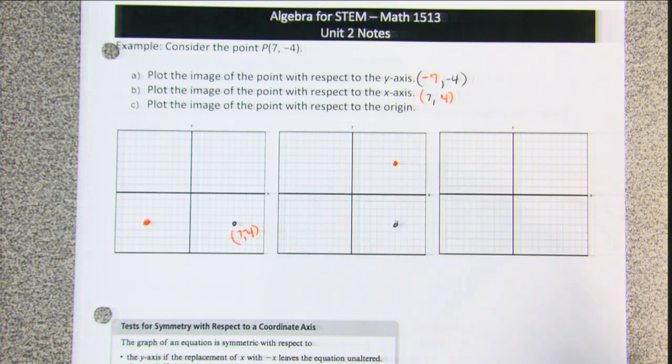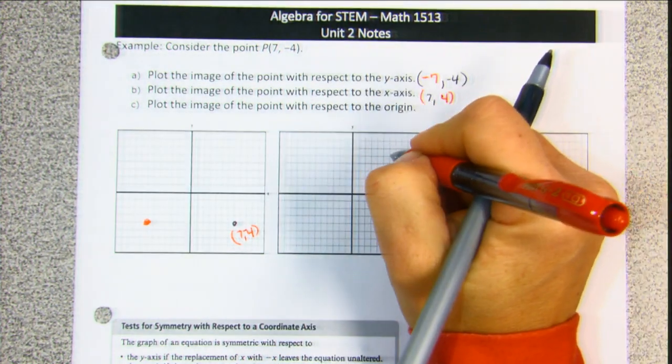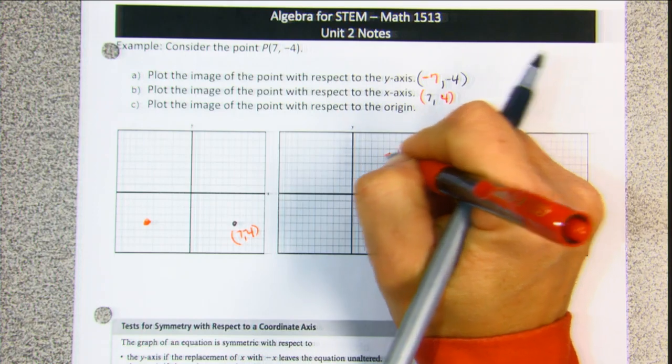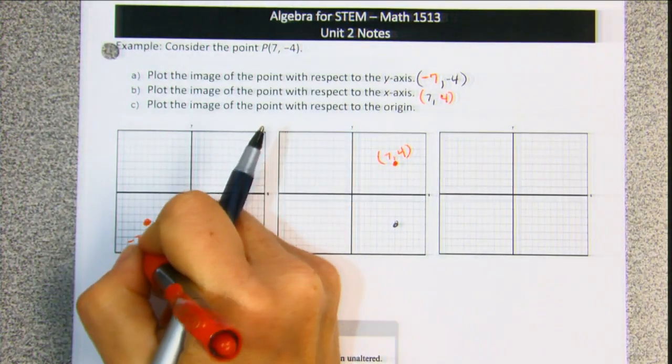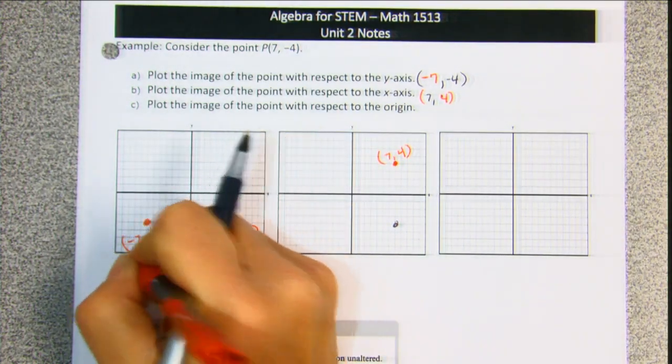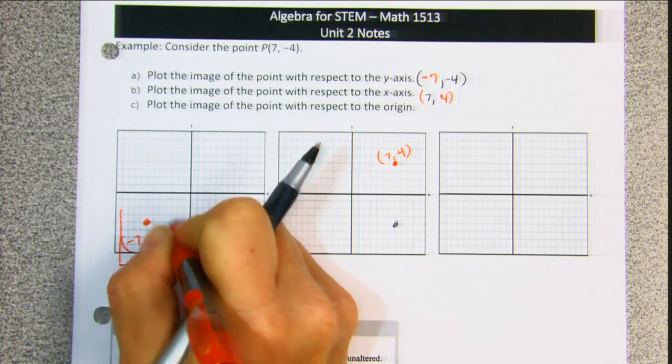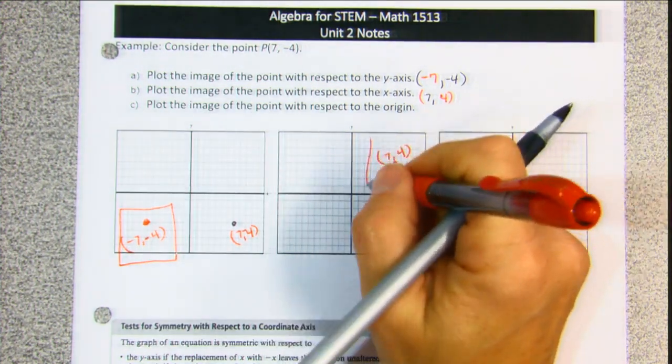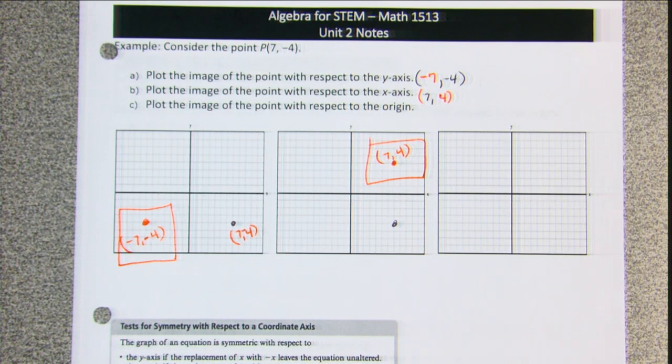And I'm just plotting that original one there. So this would be 7, 4. Kind of boxing it out so you don't get confused on the original one. Why? I just plot it for visual reference.